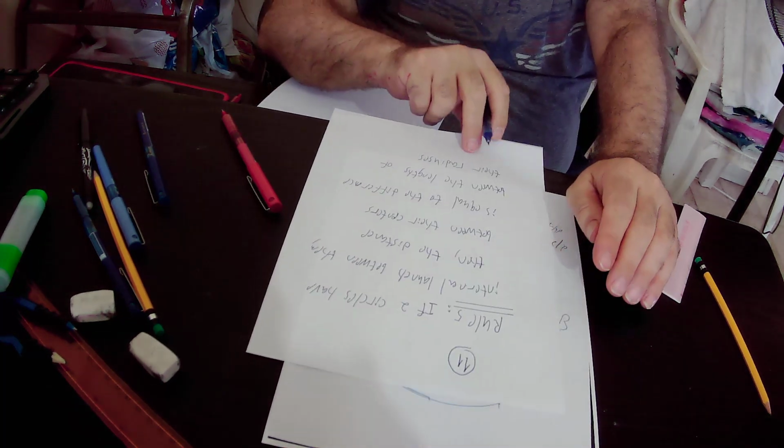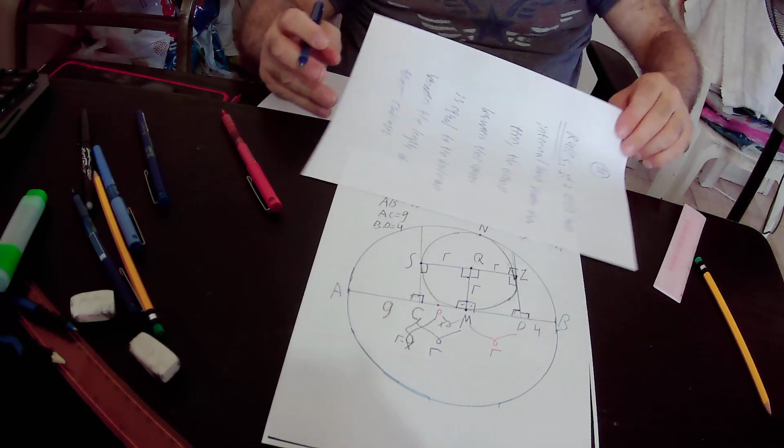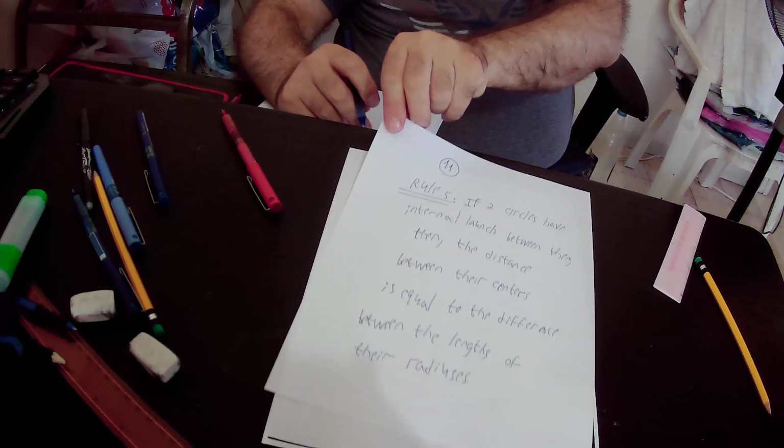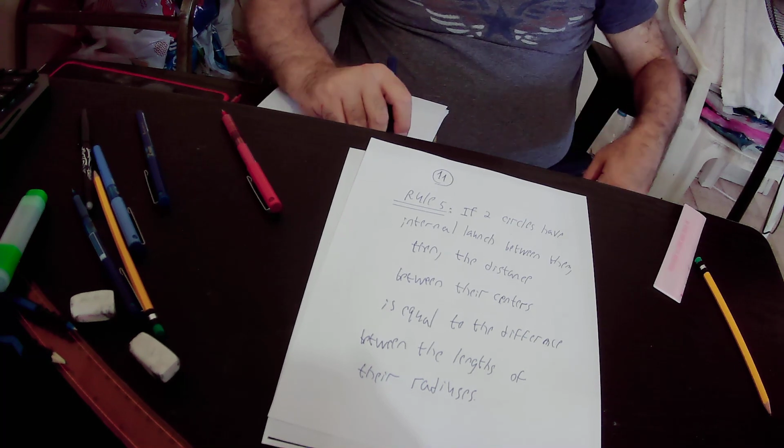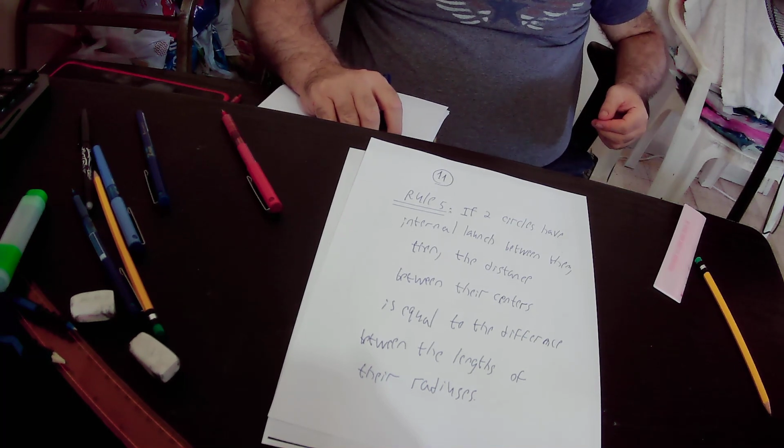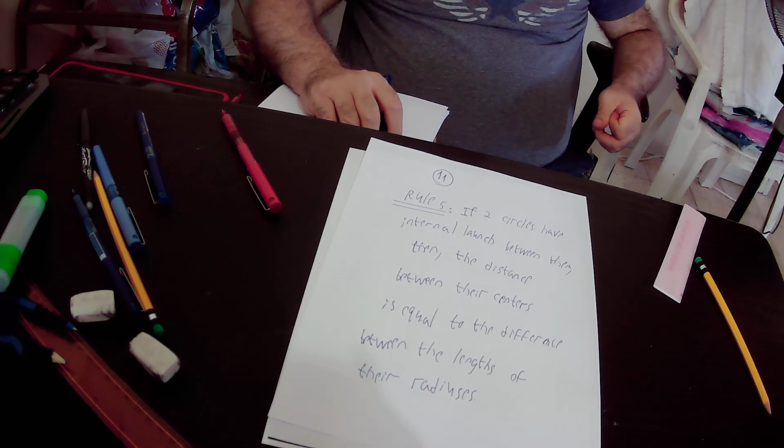So I will read rule number 5 again. Rule number 5 states that if two circles have internal touch between them, then the distance between their centers is equal to the difference between the lengths of their radiuses.